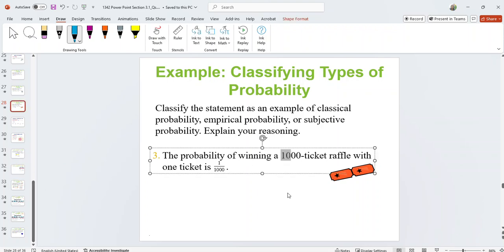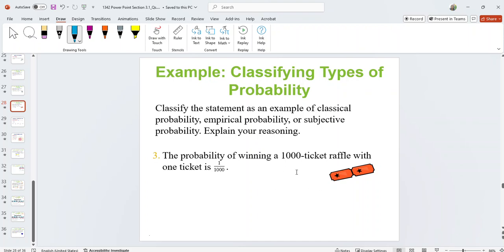If you have 1,000 tickets, then the probability of winning the ticket here is 1 over 1,000. This is based on everything being equally likely to happen. So with exactly 1,000 tickets, you have a 1 over 1,000 chance to win. So that is the classical or the theoretical probability.